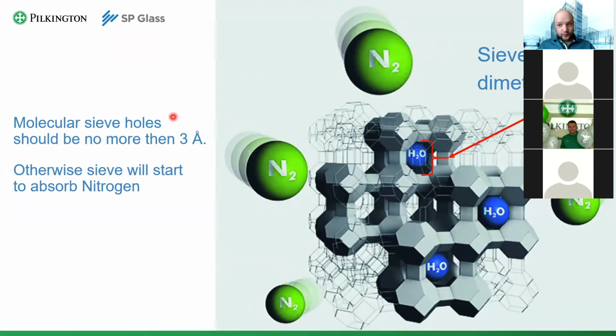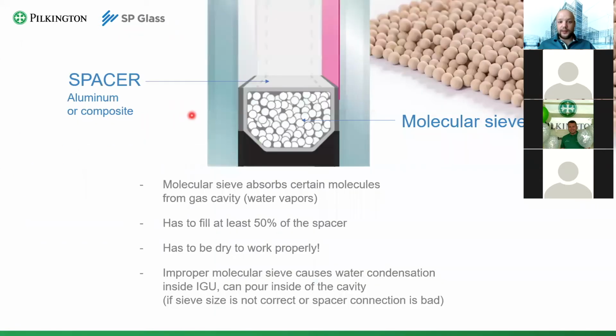It cannot be used for IG units for an obvious reason, because it will eat away any gas inside of this cavity and leave the water. It will not selectively eat away the water vapors. So use proper molecular sieve.